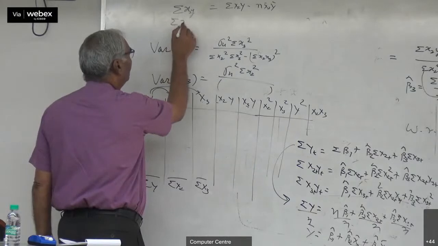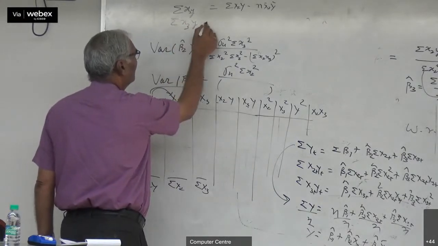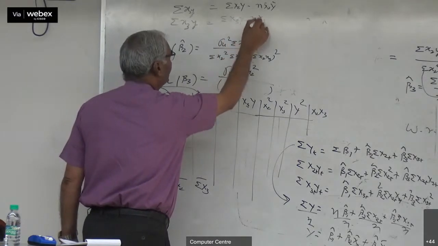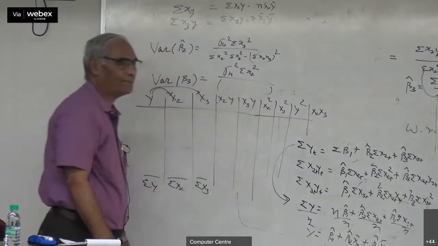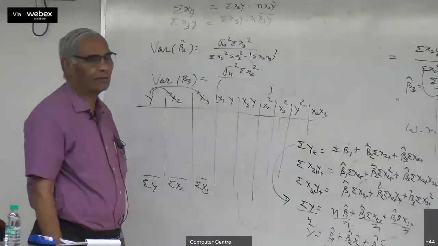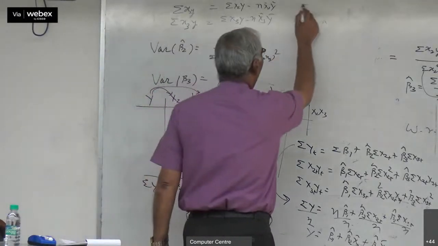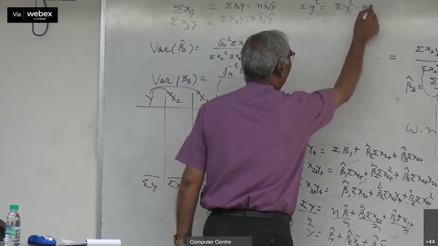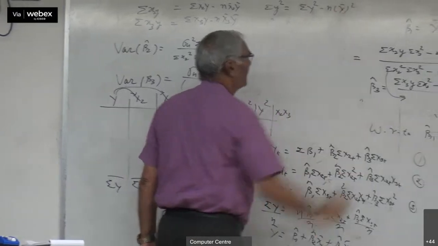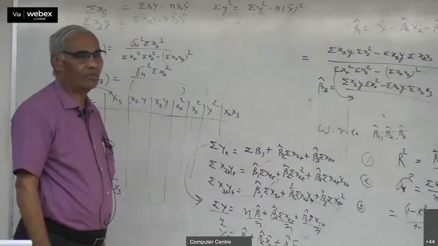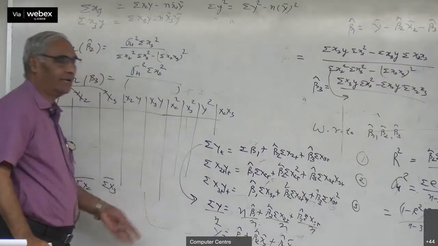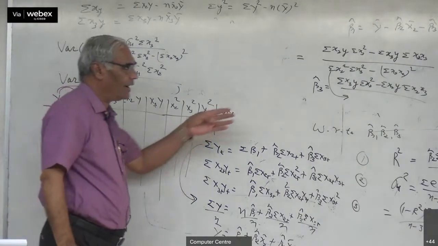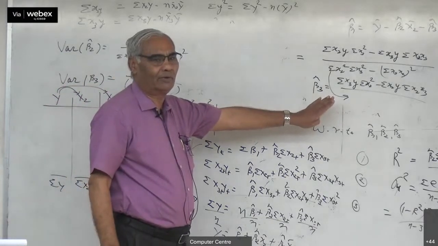Similarly, suppose you want x3y. What will be its value? Summation X3 Y minus n times x3 bar y bar. Suppose you want summation y square, then capital Y square minus n times y bar square. Actual calculations can be easily converted into deviation form, and if you do this, your application will be simpler.